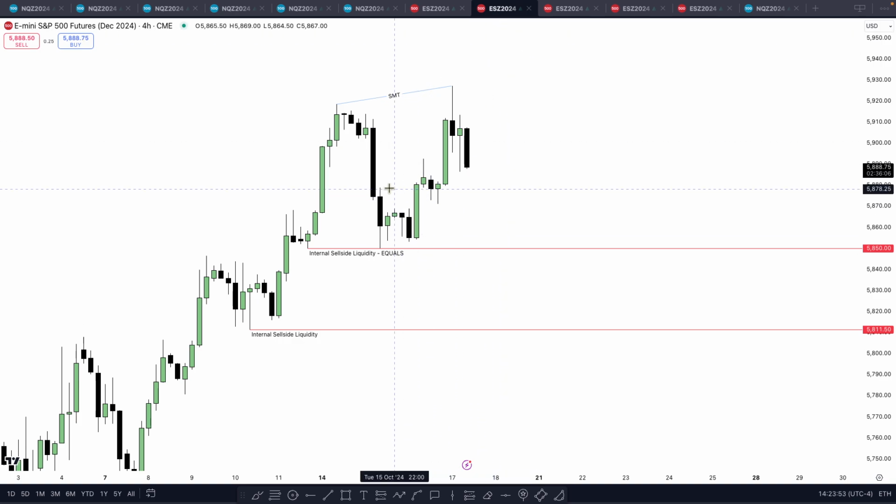I don't think ES is near its new week opening gap, right? No.